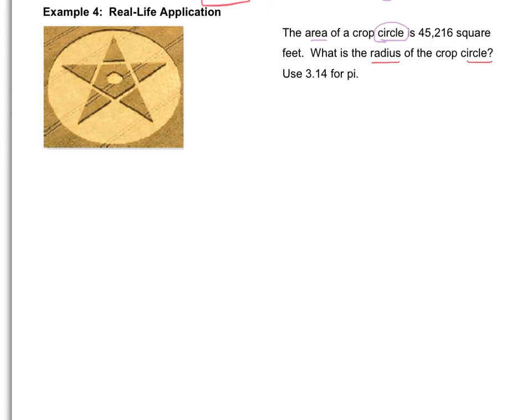So what is the area formula for the circle? It's pi r squared: we have the radius, we have the pi, and we have the area.